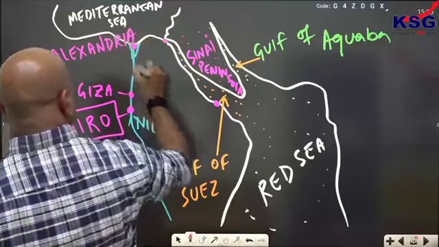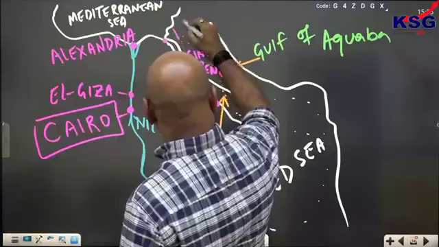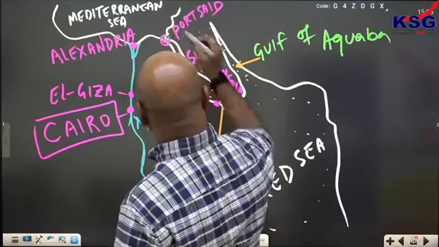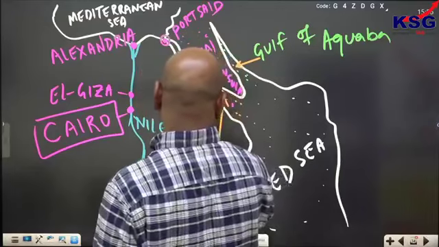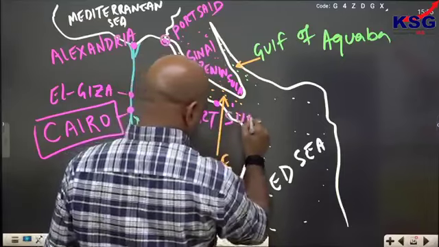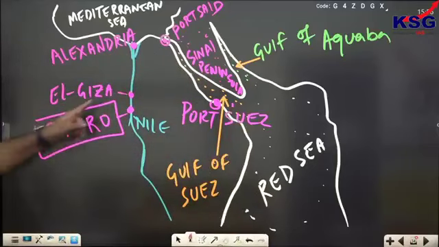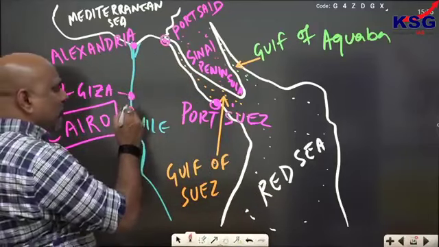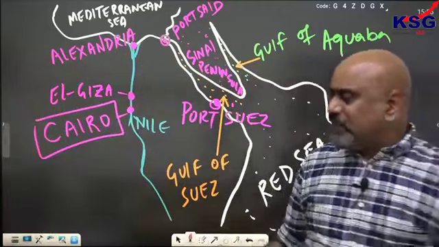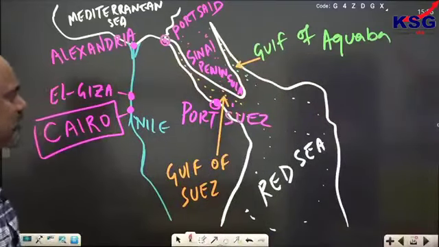Here is Port Said, and this is Port Suez. ये है आपका सुएज, ये है पोर्ट सेड, अलेक्जेंड्रिया, अल्गीजा, कायरो. कैन यू सी दिस? आप इसको थोड़ा सा बनाइए. एक बार क्वेश्चन आ रखा है, ये सिटीज का अरेंजमेंट आ जाता है प्रीलिम में. In the prelims they are asking the cities arrangement sometimes.